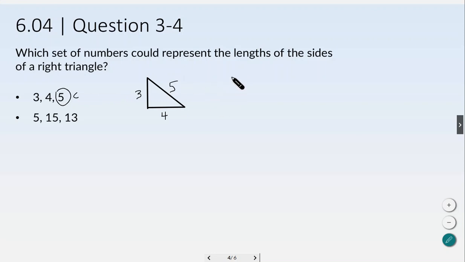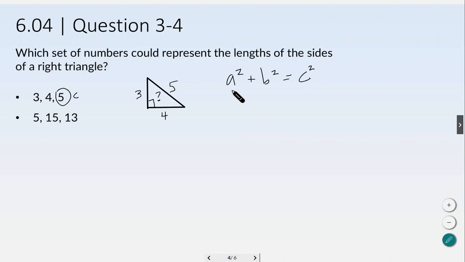So now the question is, does it work? If I put it into A squared plus B squared equals C squared, does it actually work out? Is 5, in fact, the actual true hypotenuse? So will this be a right triangle? We don't know at this point. Well, let's put the numbers in and try it out.